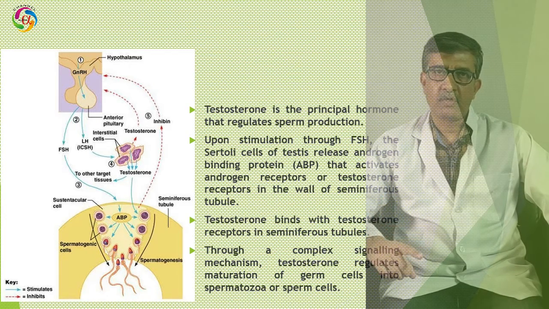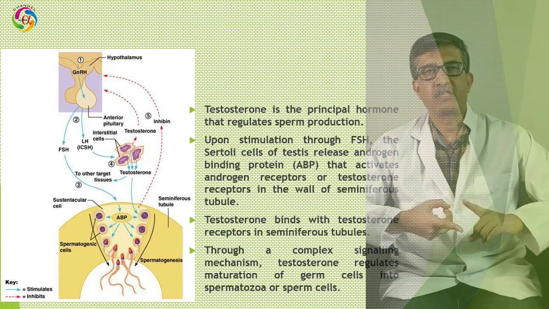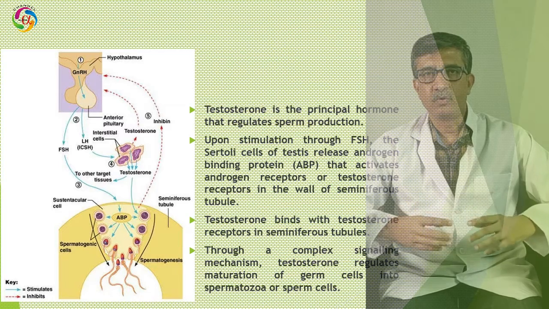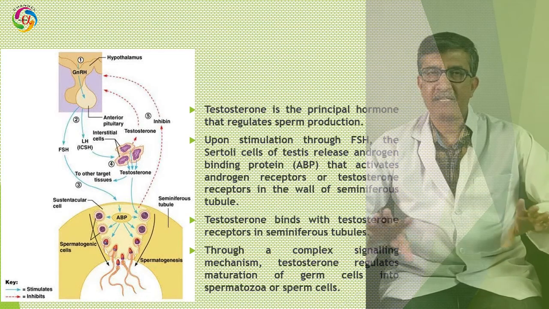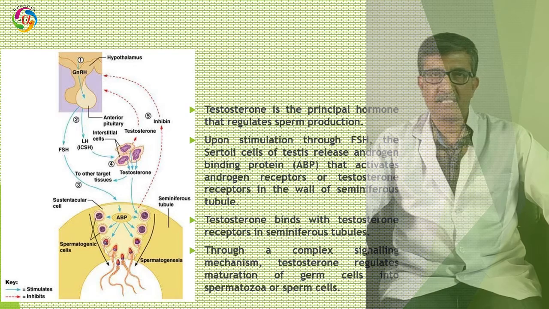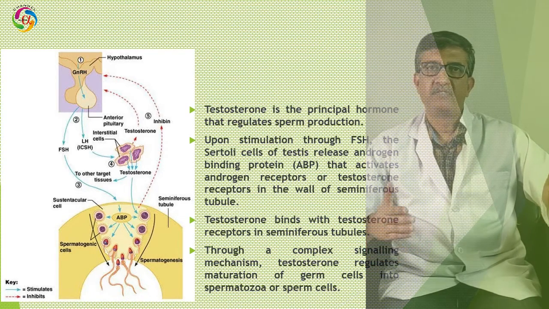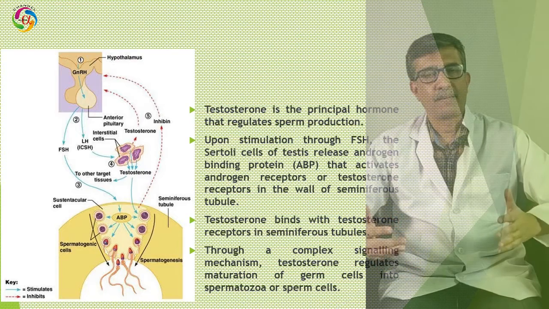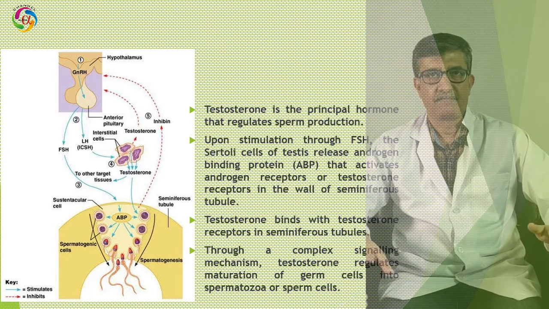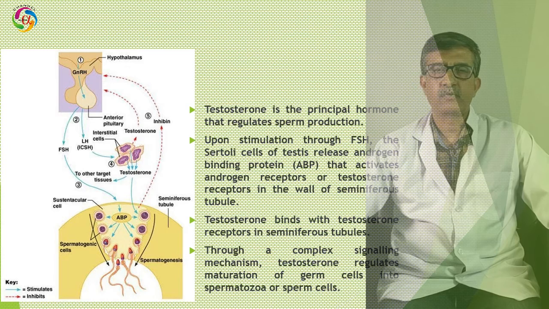Testosterone, after combining with the receptors, produces a lot of signals, and a complex signal transduction mechanism converts germ cells into spermatozoa or sperm cells. So we found that testosterone plays the major role in the production of spermatozoa.